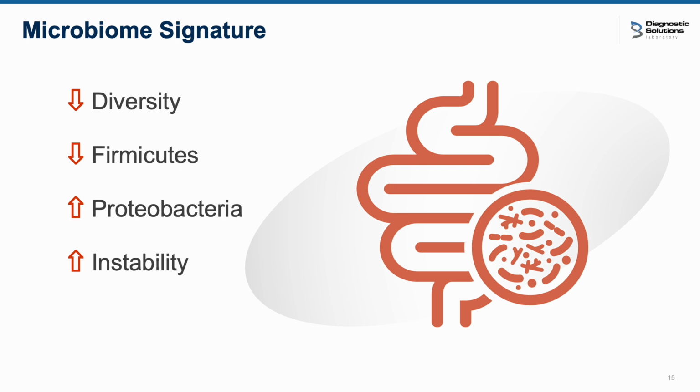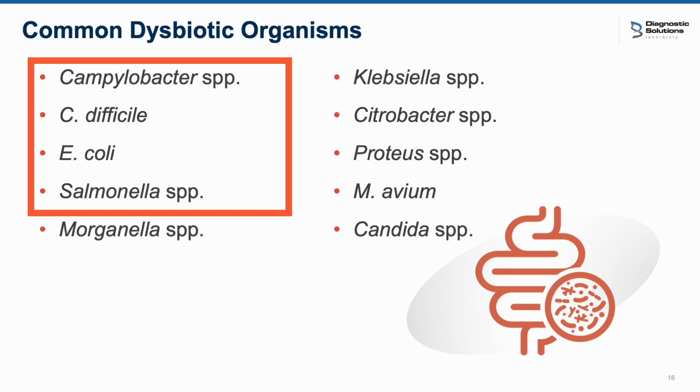So we see a lot of overgrowth of less beneficial, more inflammatory organisms. In this orange box, I've highlighted a few organisms that are classic as triggers of inflammatory bowel disease. So I mentioned earlier that environmental factors are necessary for the onset of inflammatory bowel disease. A bacterial infection can be one of those triggers.